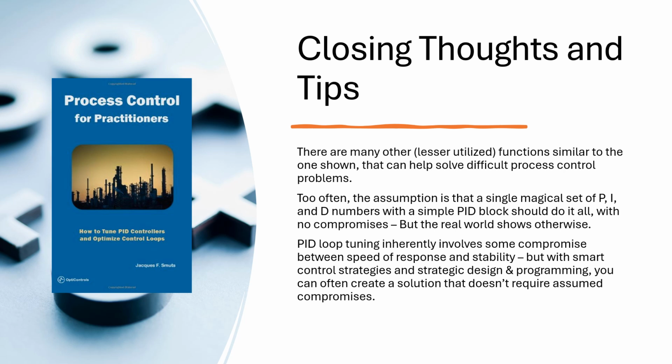It's Process Control for Practitioners. It's by Jacques Smuts with opticontrols.com. And you can find it on the web. I think it's on Amazon for like 103, but you can buy it directly from them too. And he has other stuff. He's a true guru. He's the real deal.